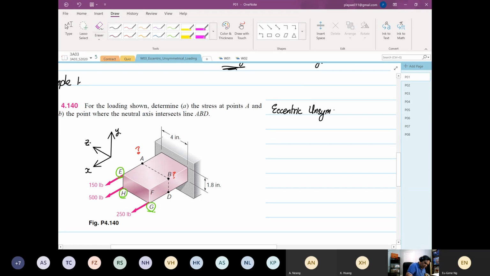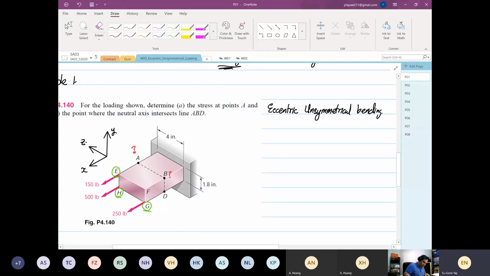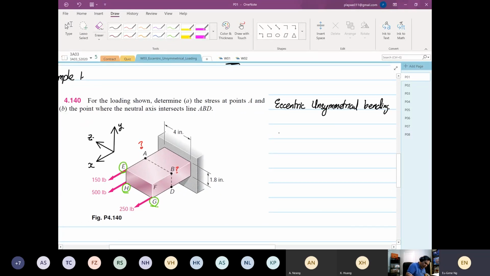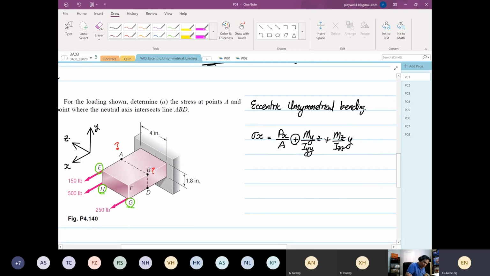So we are aware that we have to use this formula: Px over A plus My over Iyy multiplied by Z plus Mz over Izz multiplied by Y. As I said before, don't worry about the sign. We will worry about it later on when we do the analysis.